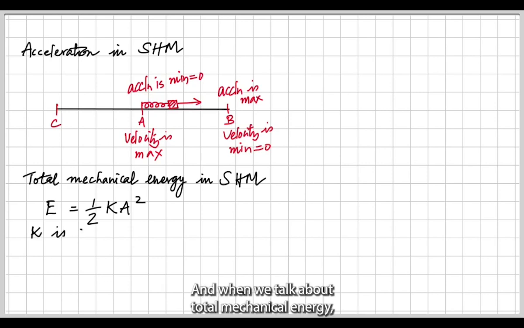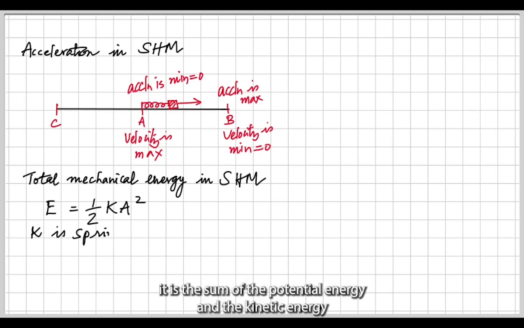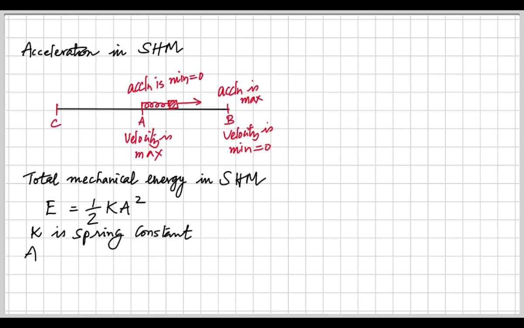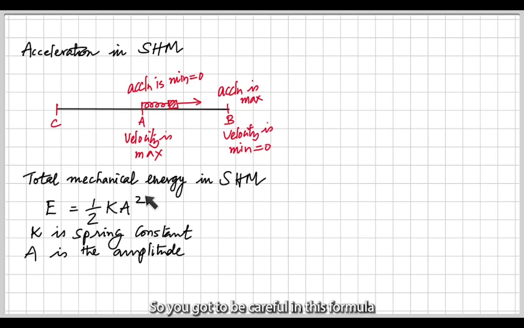And when we talk about total mechanical energy, it is the sum of the potential energy and the kinetic energy. And the formula is 1 half k A squared, where A is the amplitude, k is the spring constant. So you've got to be careful on this formula because there is a square on the amplitude.